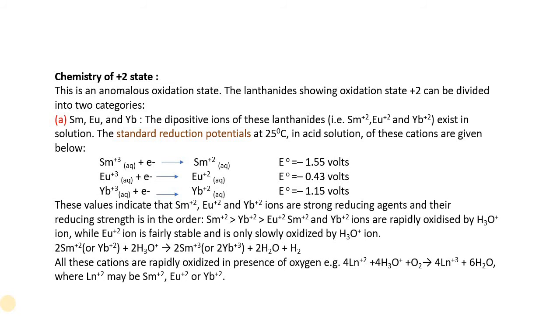Check the standard reduction potential values of samarium, europium, terbium: -1.55, -0.43 volts, and -1.14 volts. The negative values show that these are strong reducing agents, and their reducing strength can be given on the basis of the standard reduction potential value.